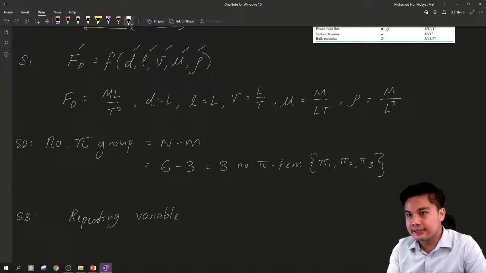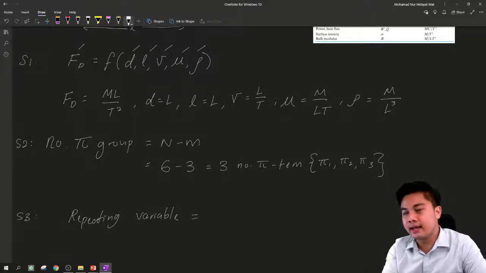A repeating variable must be unique. Why unique? Let's take a look at D and L. By the rule, D and L have the same dimension, L and L, so we must remove one.